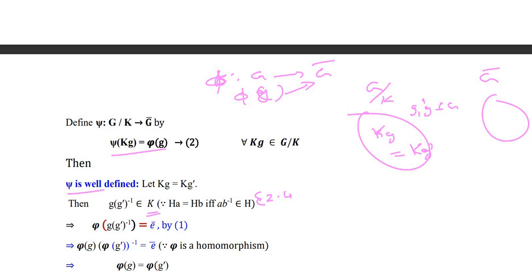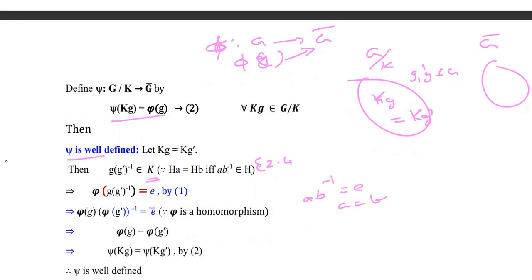So by equation 1, the definition of K, this element's image under phi should be the identity element of the codomain. We have this because phi is a homomorphism. This can be rewritten in this way, and this is of the form ab inverse equals e, which means a equals b. So based on that, you have phi of g equals phi of g prime.